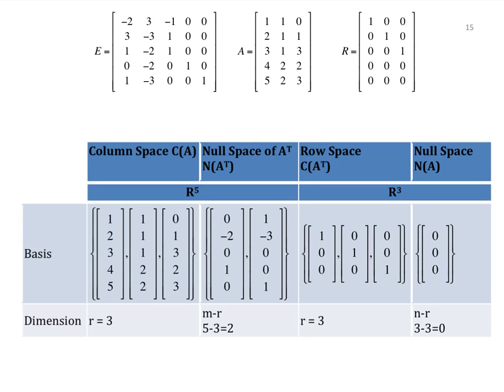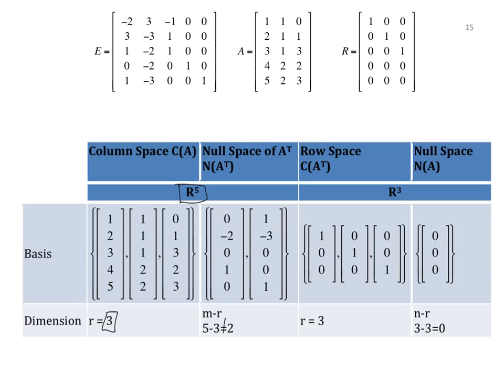So we summarize all that information into the table, and we are done. Again, this was a 5 by 3, so our column space and null space are sharing R^5. The rank of the matrix was 3, therefore the column space will be 3, null space will be 2.